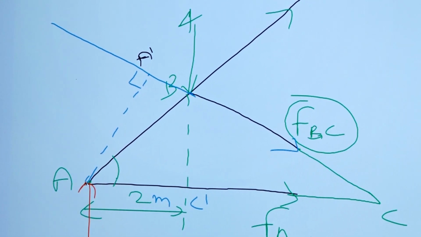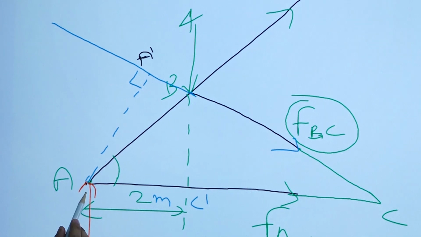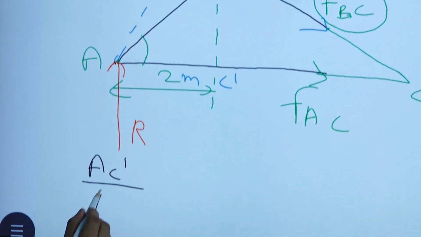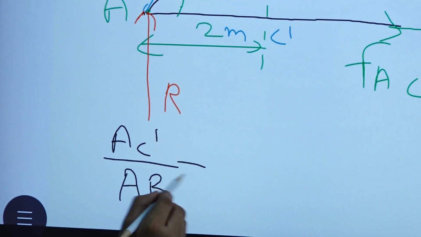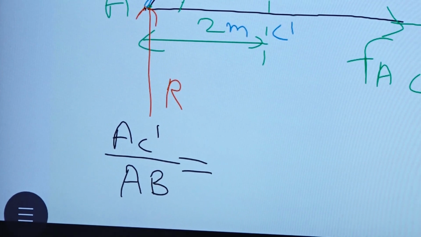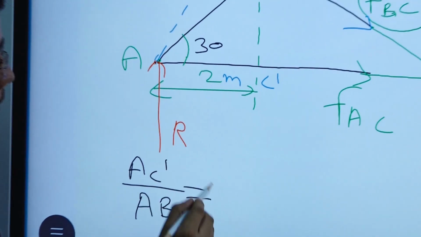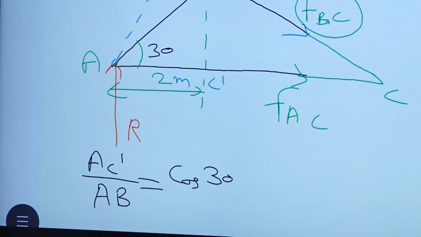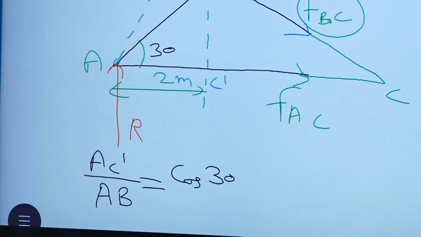So how to find out AB? We can simply use cosine law. What is cosine law? AC dash, that is 2 meters, divided by AB should be equal to, obviously, cos theta. This theta is 30, right. Okay, from here we can find out AB.